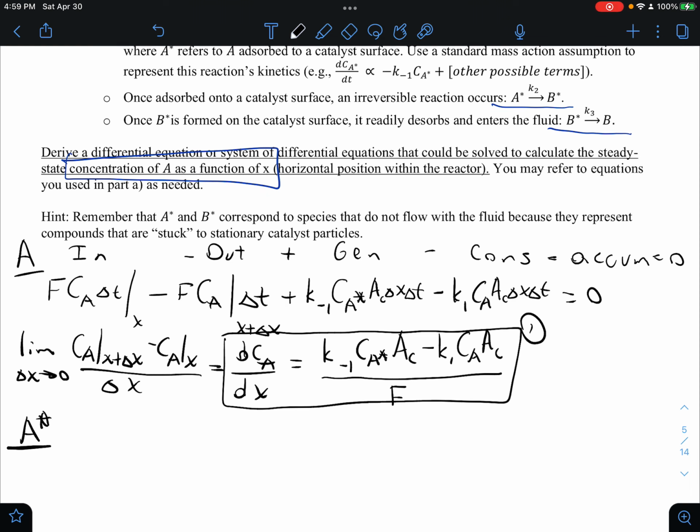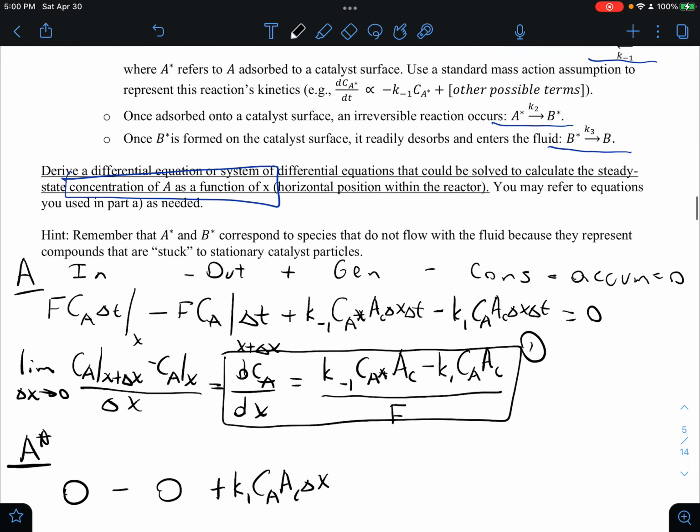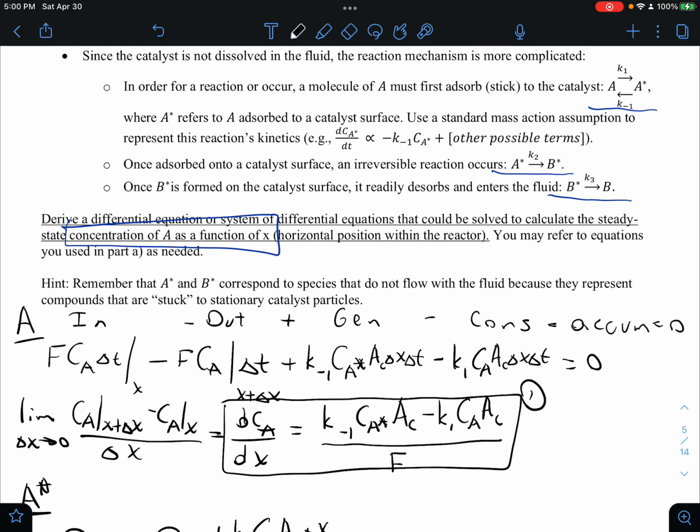A star, however, is going to look different. So the input is actually going to be 0 because the fluid is not capable of carrying A star into the control volume, because A star is stuck to the catalyst, which isn't moving. So we're going to have 0. The output is 0. The generation term is going to be k_1 C_A A_C delta x, and there are other terms here.